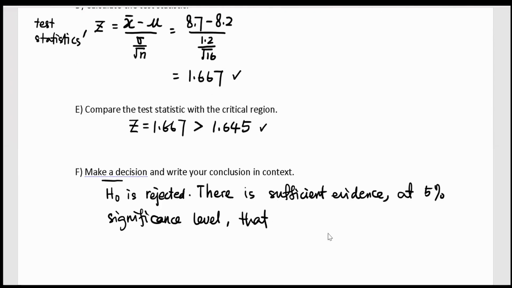So there is sufficient evidence at the 5% significance level that the mean yield has increased. This is the conclusion in context, and that is how we carry out the hypothesis test.